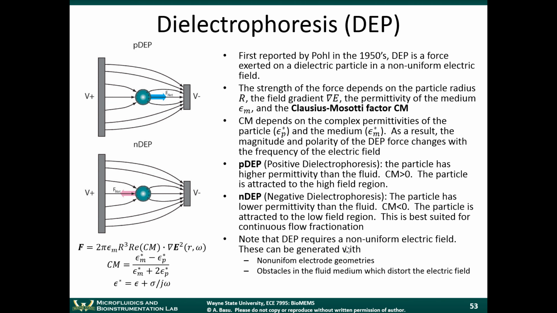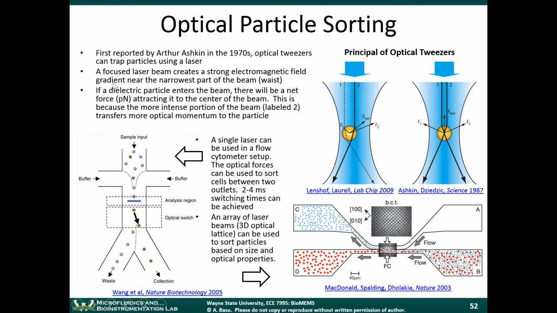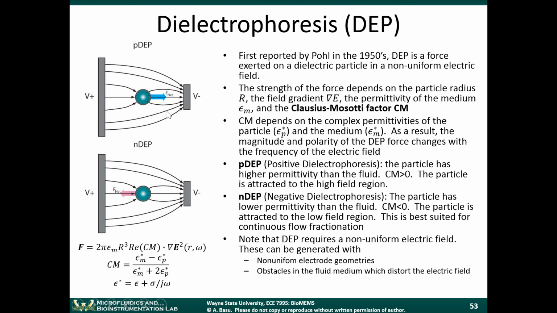Dielectrophoresis uses electric forces to separate particles. This is a fundamental phenomenon that was discovered by Pohl in the 1950s, and he wrote a book called Dielectrophoresis. If you expose a particle to a non-uniform electric field, then the particle will either get attracted to the high field region or it'll get deflected away from the high field region.